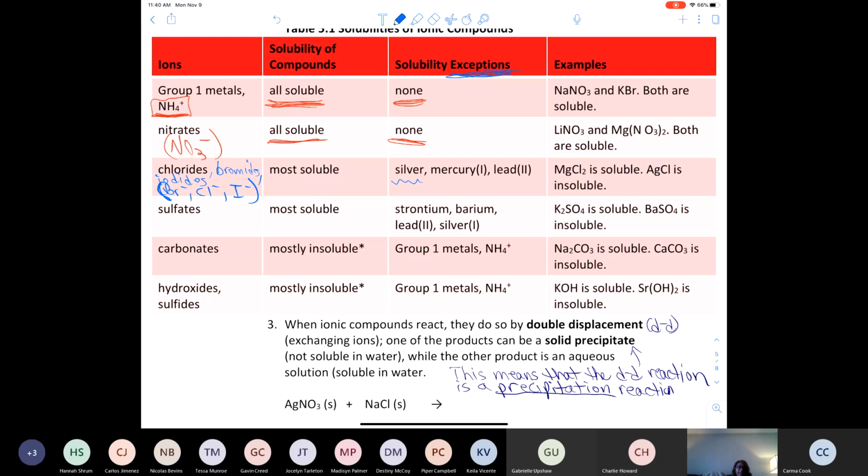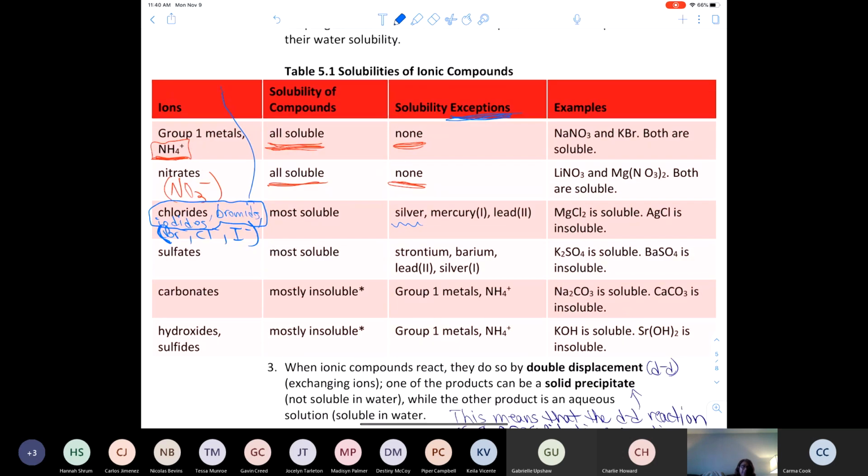If that iodide, bromide, or chloride, and just to note, these are called halides, if those halides are paired with a silver metal, a mercury metal, or a lead metal, then the salt will not be soluble in water.